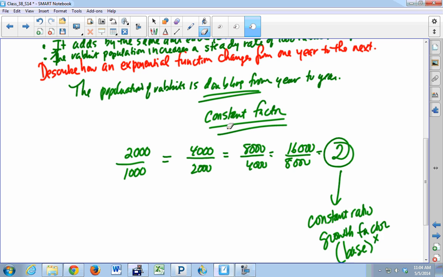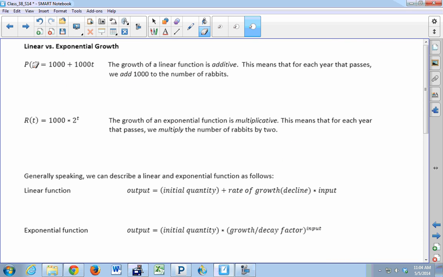So let's take a look at the equations now for each of these functions. So here's our linear equation, and I'm going to introduce some new language for you about linear and exponential. The growth of a linear function is what we call additive. Additive. And what this means is each year that passes, we add 1,000 to the number of rabbits.